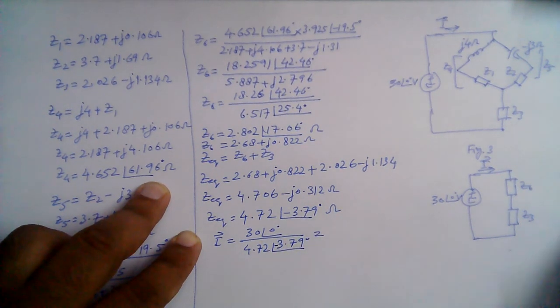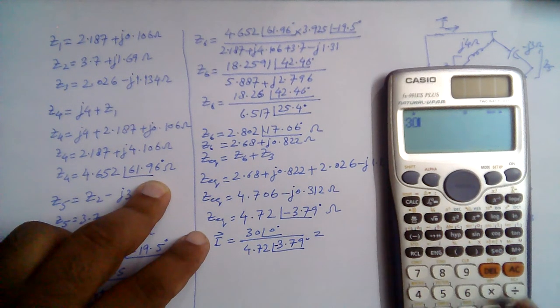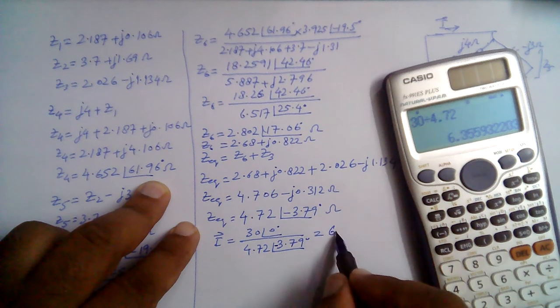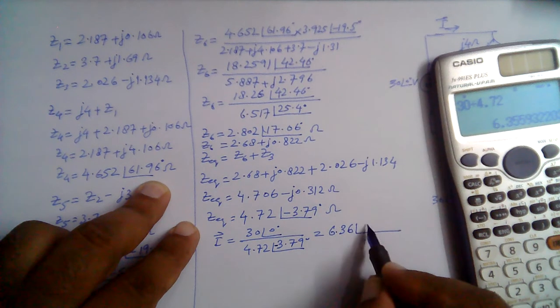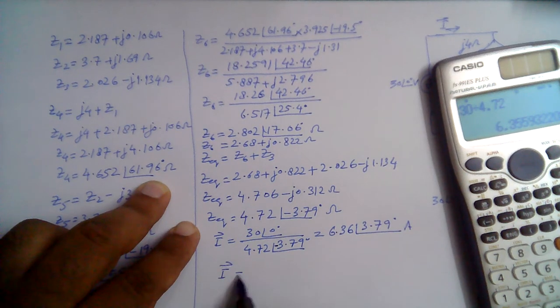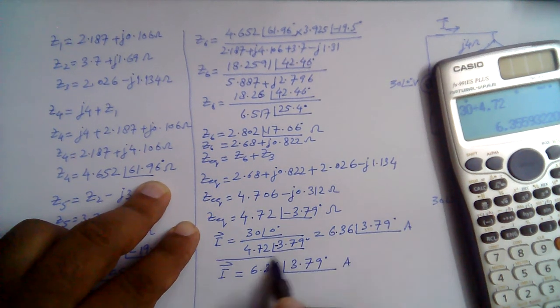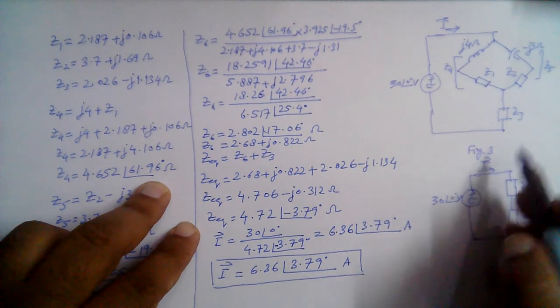So that is 30 divided by 4.72, that is 6.36, and the angle is 3.79 degrees amperes. So the current I is 6.36 angle 3.79 degree amperes. So this is the current I flowing through here in this circuit.